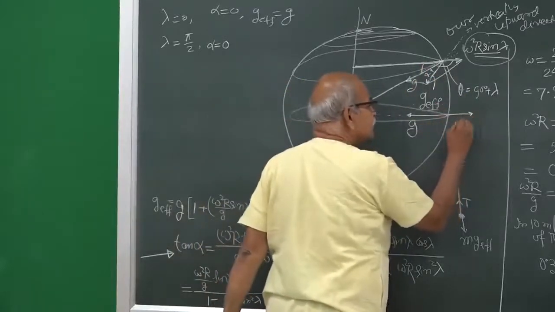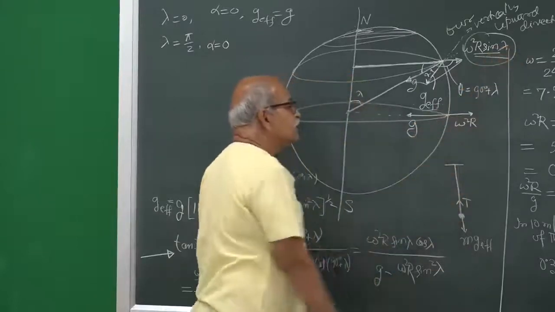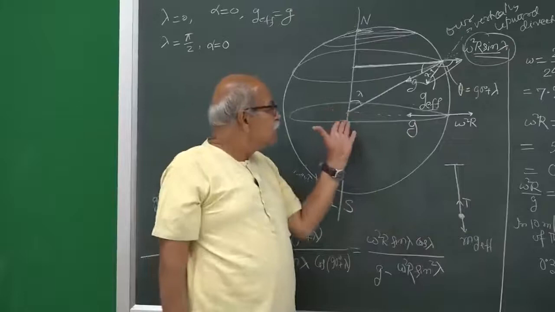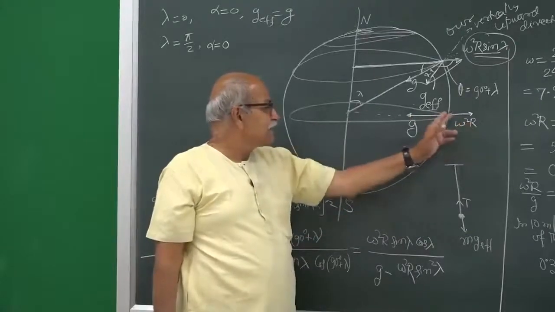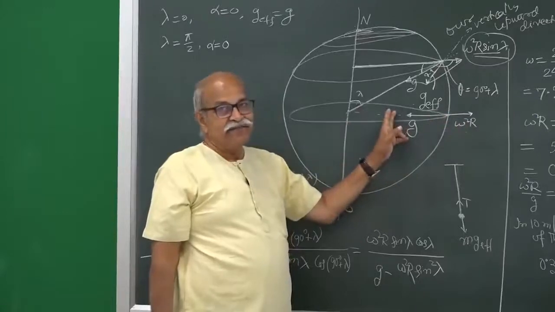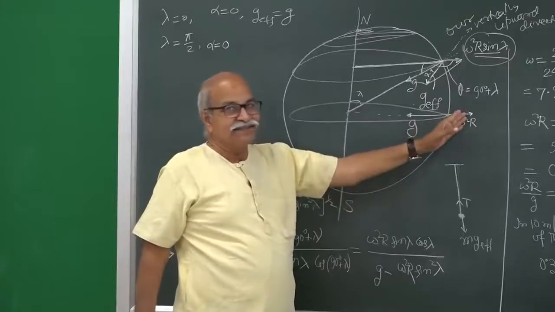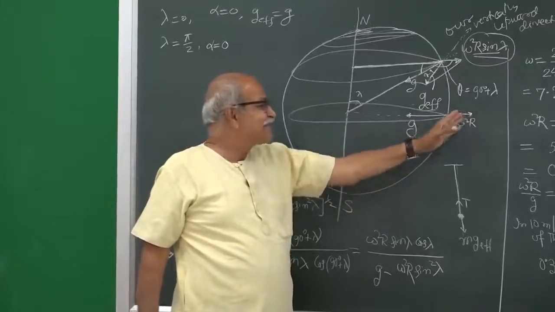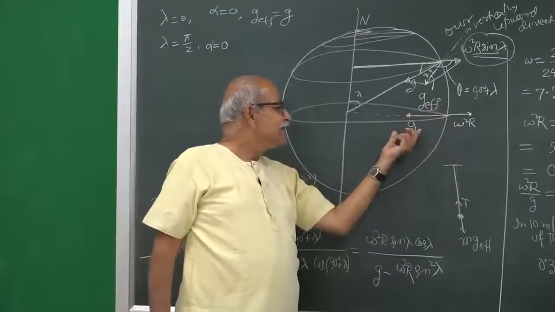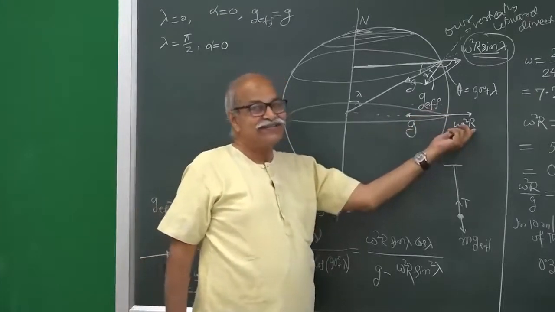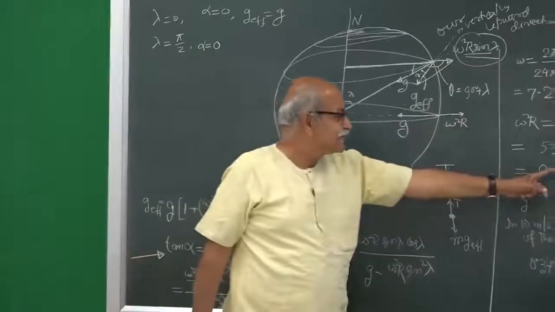So, it is the same direction, omega square r into sin lambda, and sin lambda is 1. So, this whole radius of the earth is here, omega square times r here and g here. They are on the same line in opposite directions, and therefore, the resultant is also in the same line, and the resultant magnitude is g minus omega square r, and omega square r, you know how much it is.